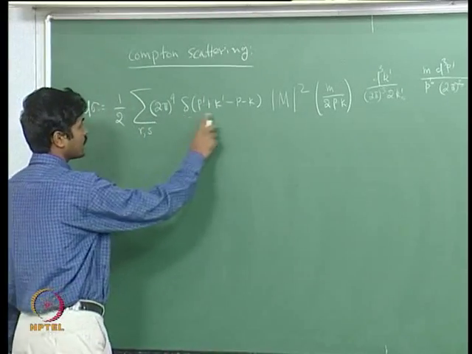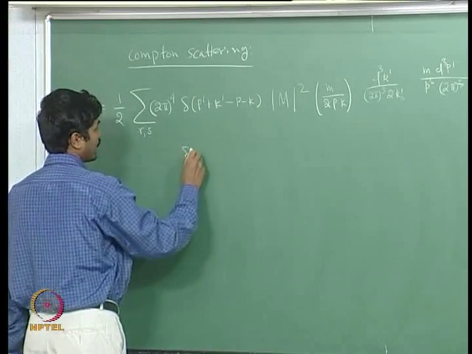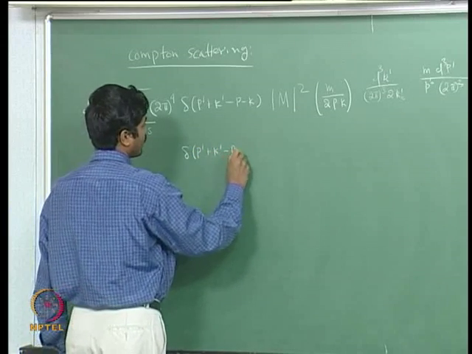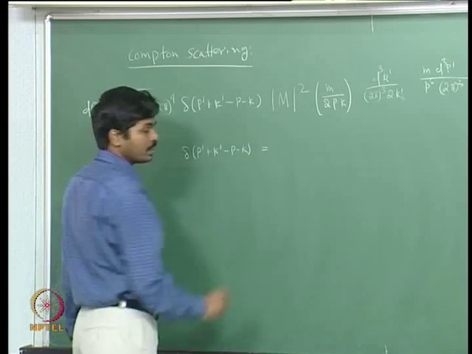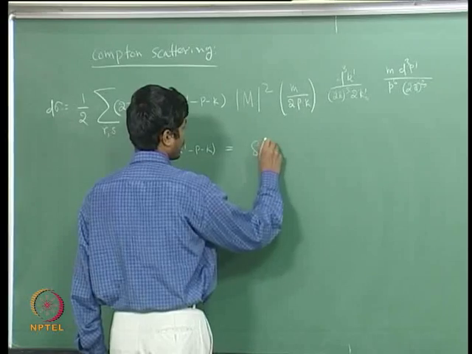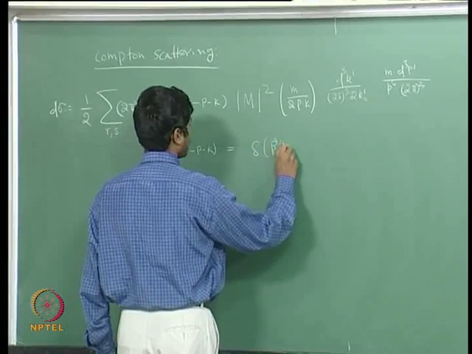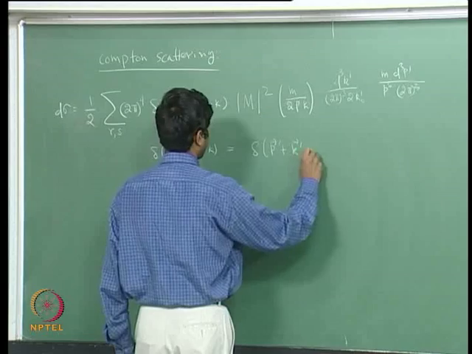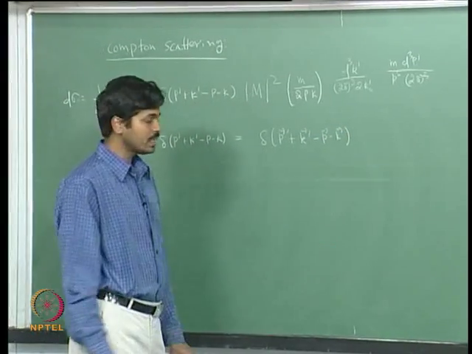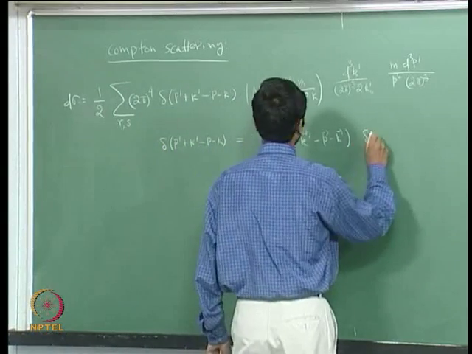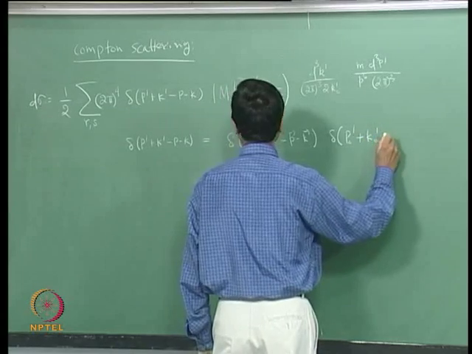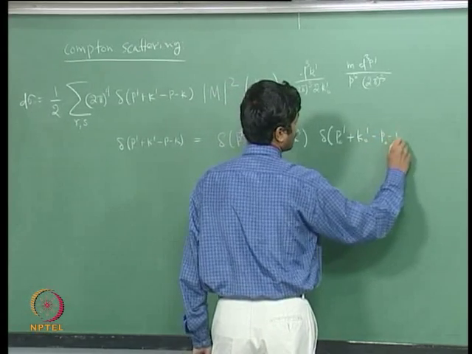Remember, you have this 4-dimensional delta p prime plus k prime minus p minus k, which is nothing but the 3-dimensional Dirac delta p prime plus k prime minus p minus k, and then delta p0 prime plus k0 prime minus p0 minus k0.